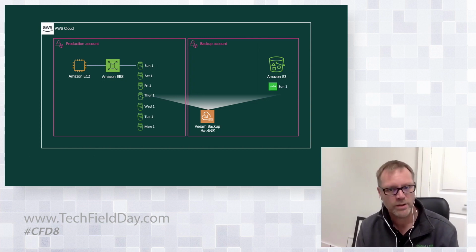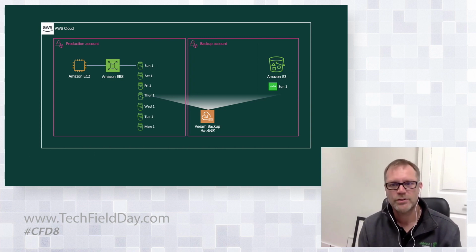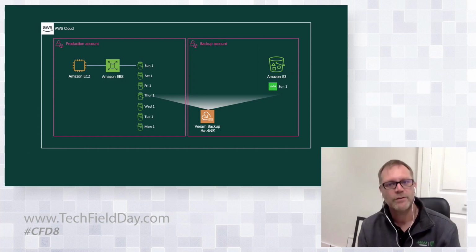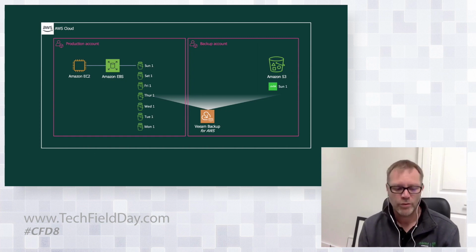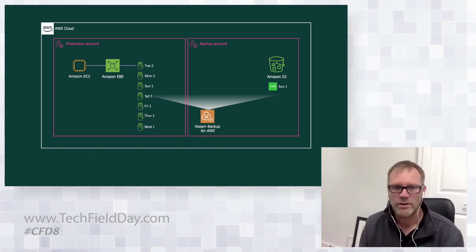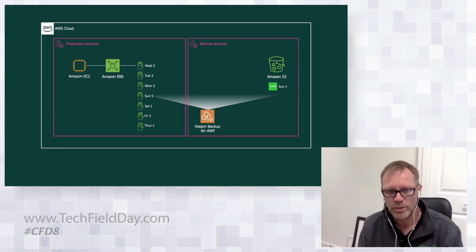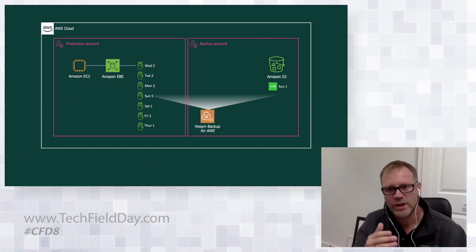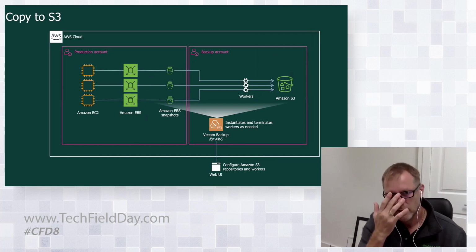It's obviously a lot cheaper than keeping a lot of snapshots around, and it also allows you to leverage storage in different accounts and different regions. So if you think about the best practices of the 3-2-1 rule, that kind of thing. You can then continue taking your snapshots as we go along, and we just continue as normal until the next time, and then we'll take another copy of that snapshot and offload it to S3.